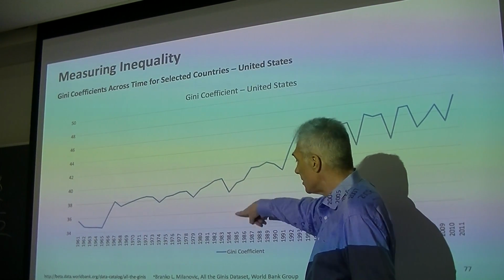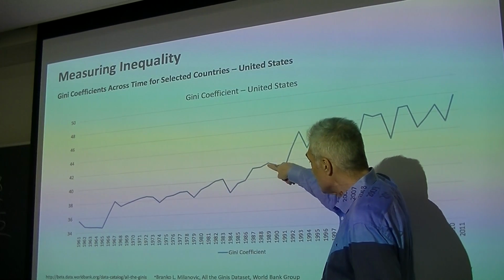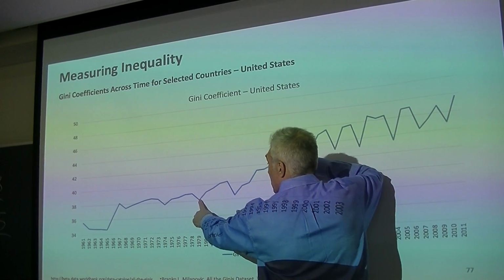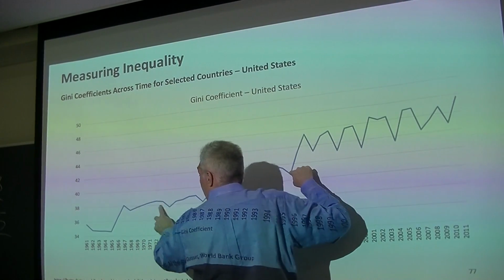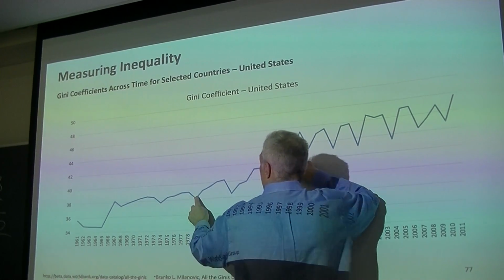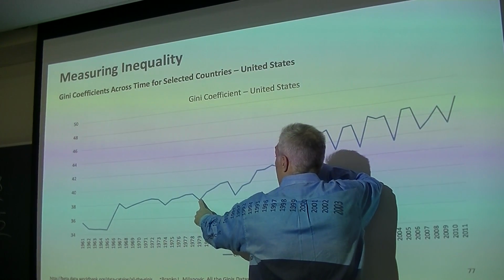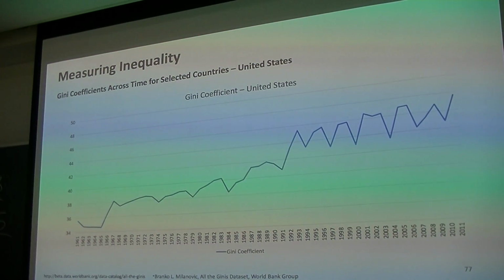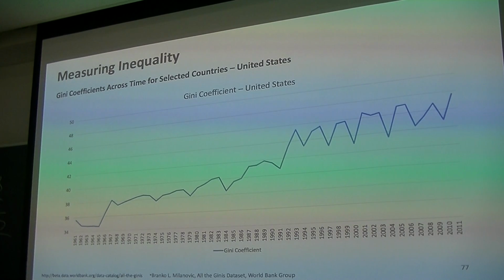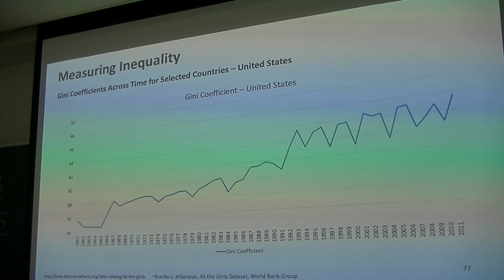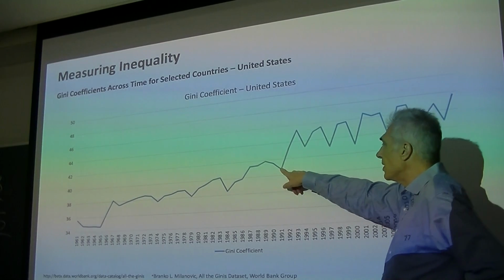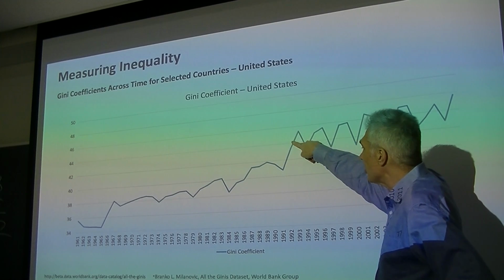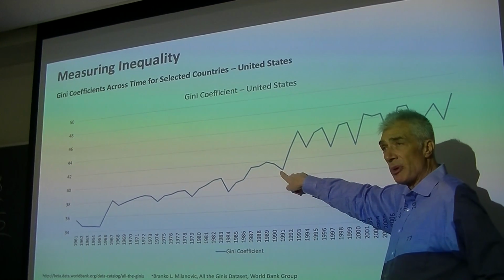You saw fairly flat in the late 1960s, some increase, then an uptick, 38 to 41, as the reduction in taxes meant rich people became richer and income disparity grew. Then you had the big jump. And one of the very interesting things is that the trade agreement goes into place here, but you see the jump here.